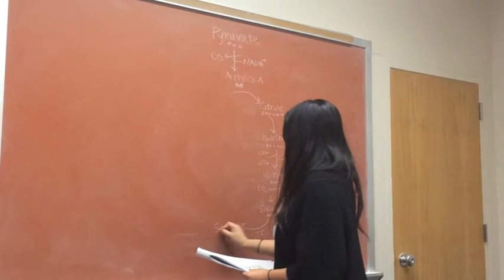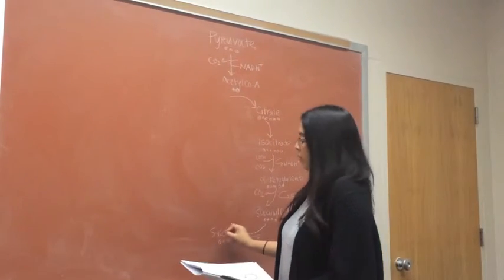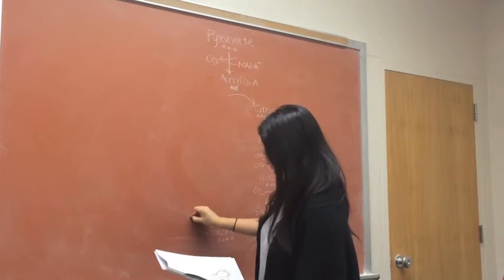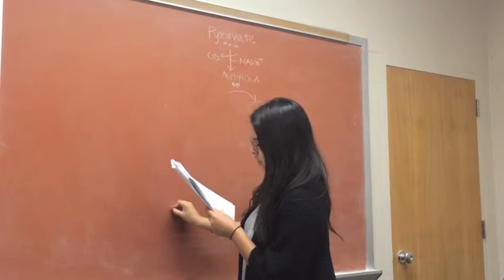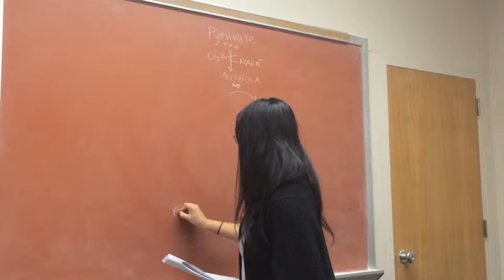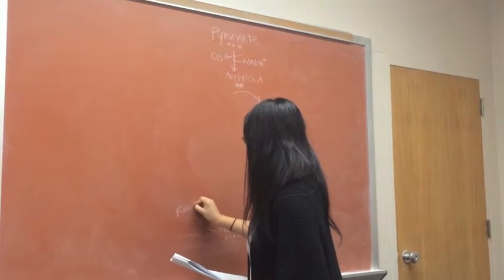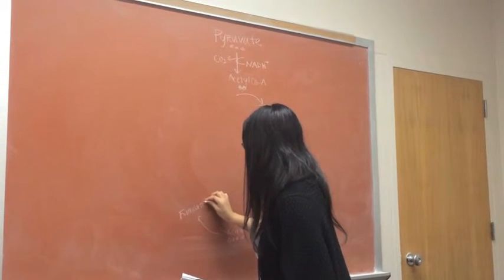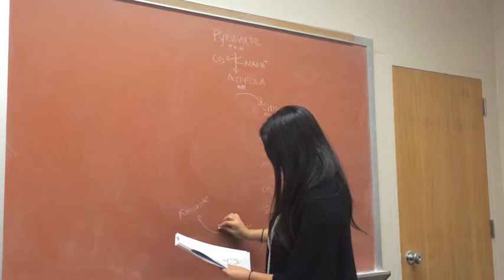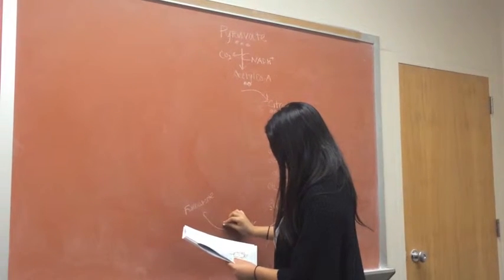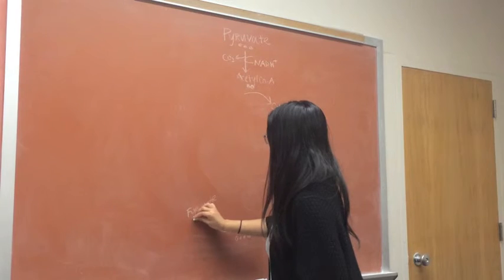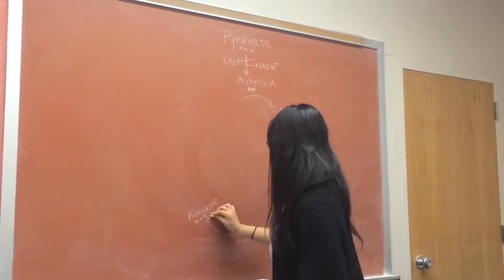Succinate then goes on to become fumarate, which has 4 carbons.